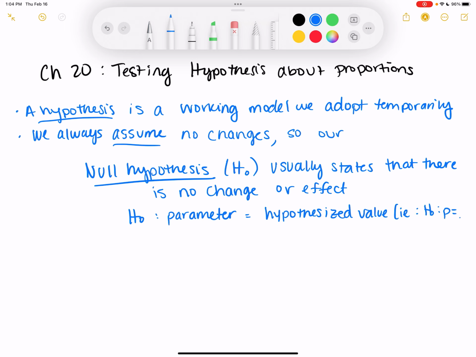Then we have the alternative hypothesis, which we denote as H sub A, contains the values of the parameter that we consider plausible if we reject the null hypothesis.